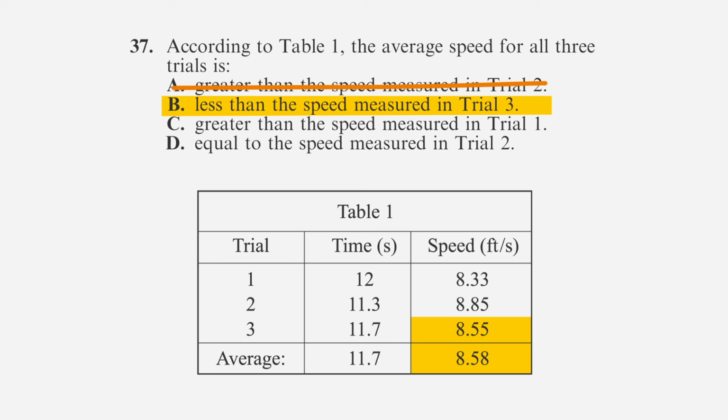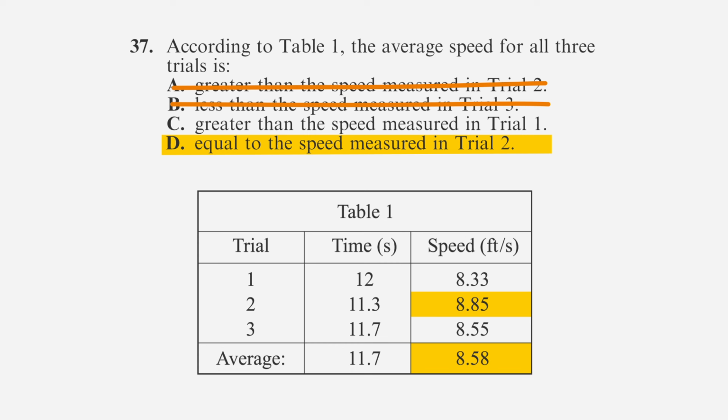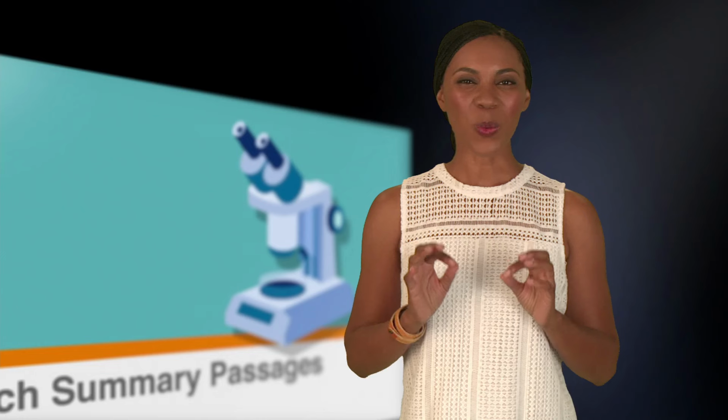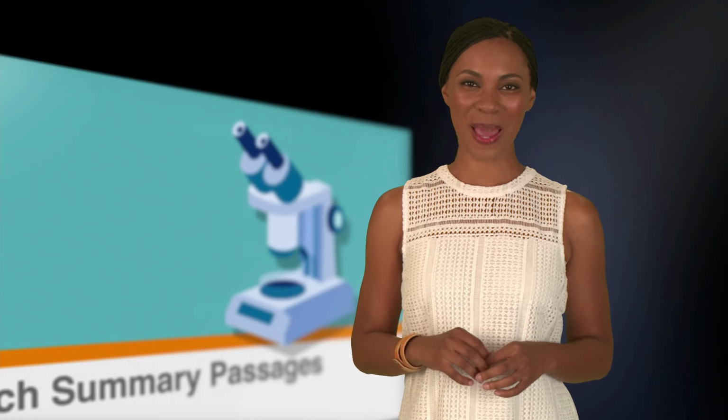So clearly, this is also wrong, and choice B is not the answer. We can eliminate choice D because the average speed isn't equal to the speed measured in Trial 2 either. After all that, the average speed of 8.58 is greater than 8.33, the speed recorded in Trial 1, so C must be correct. Let's try one more question related to this passage.